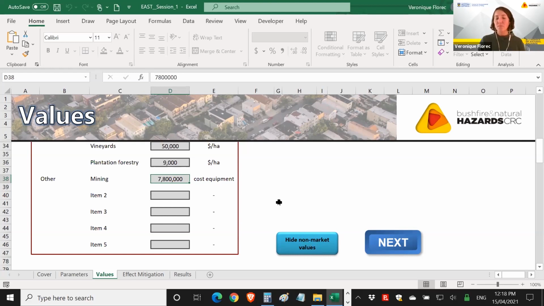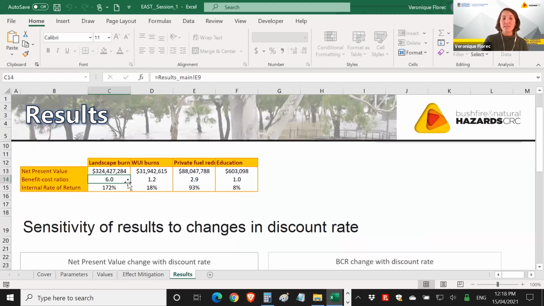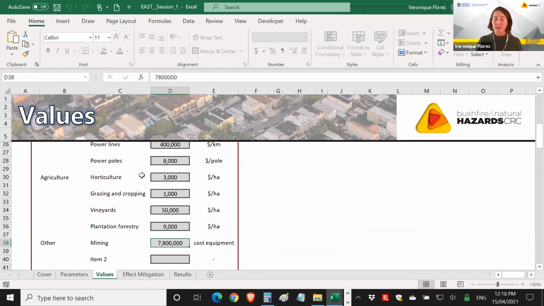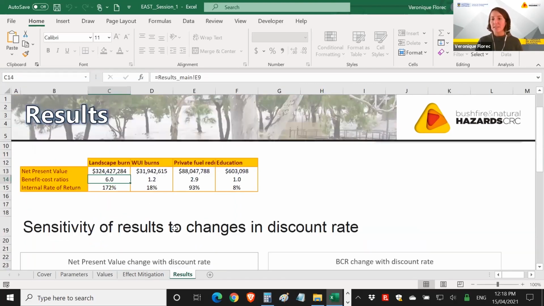We haven't yet looked at non-market values; we will have a look at them in session 3. So if these results give me $6 in benefits for each dollar invested in this mitigation option, that's only for the values that I have included here for the moment.